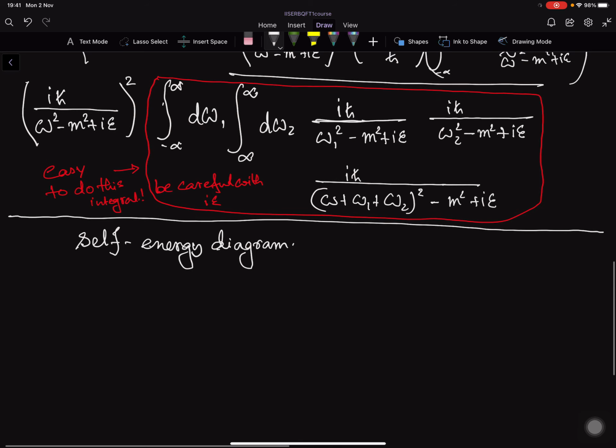So self energy diagrams are diagrams with two external legs.